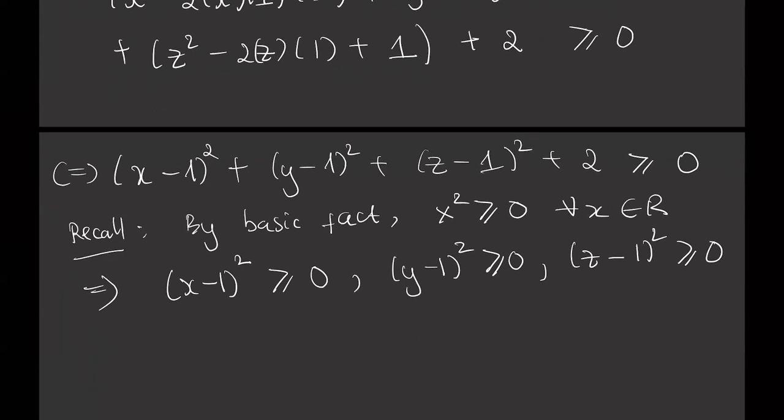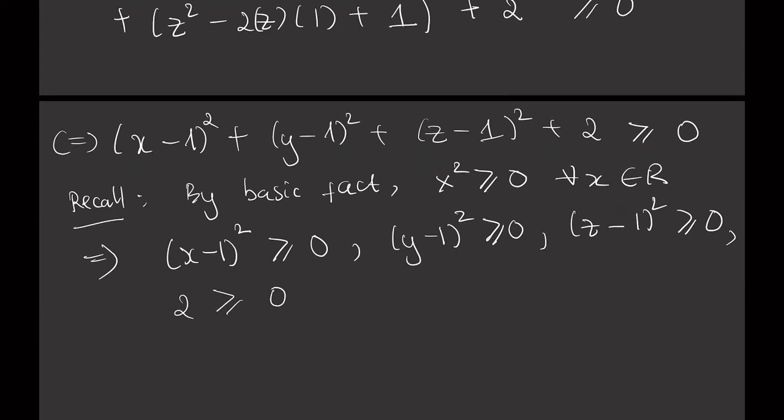Okay. And then if you add them together, you also have 2 is greater than or equal to 0. This inequality is true as well because this side is interpreted as greater than or equal to.